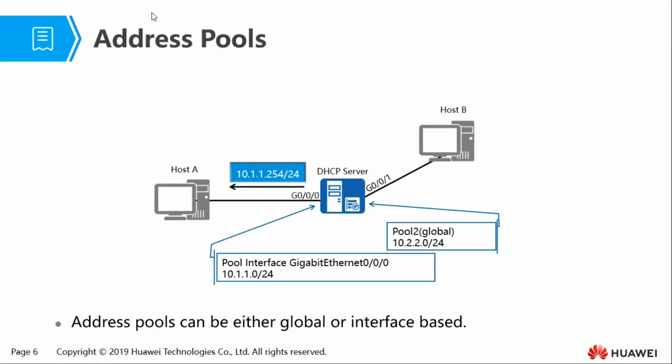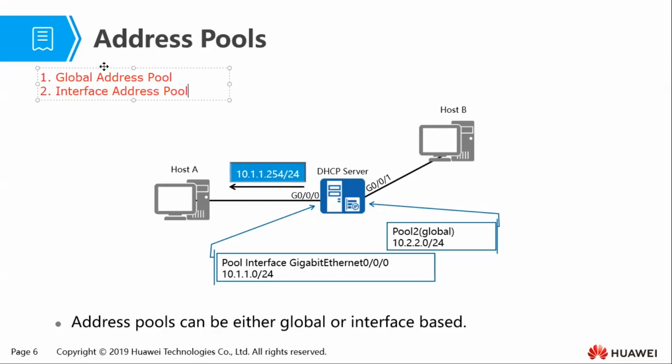Now, we have two general ways in which we can set or configure address pools. So the first one is called the global address pool. Then the second one is called the interface address pool. So you need to understand these two.